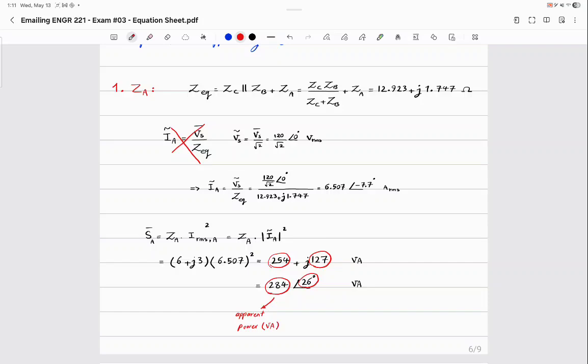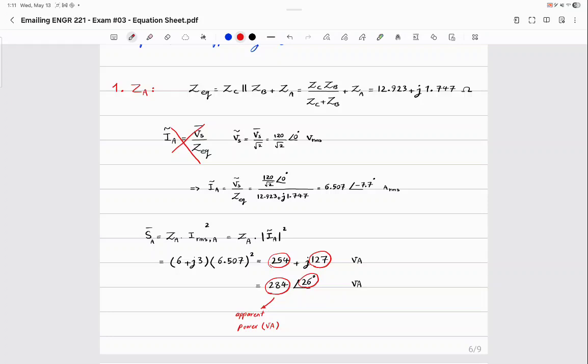In volt-amps. Do you want me to go back to you? No? Are you sure? How about now that he sort of got you? Can you tell me what is 254? That would be the real part, right?